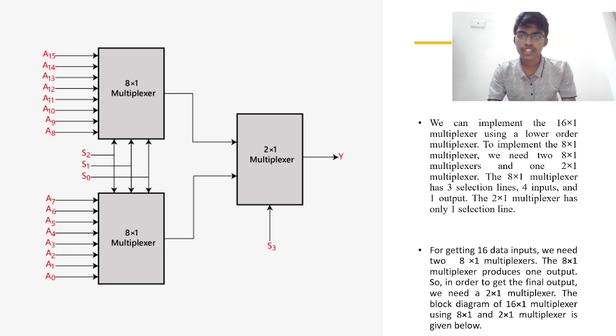So we can represent it in the form of 8 cross 1 multiplexers, and the corresponding outputs can be connected to a 2 cross 1 multiplexer to produce the final output. Also, we can have 4 cross 1 multiplexers, and connecting the outputs of those 4 cross 1 multiplexers to a single 4 cross 1 multiplexer to produce an output will give you the same answer as the output produced from a 16 cross 1 multiplexer.